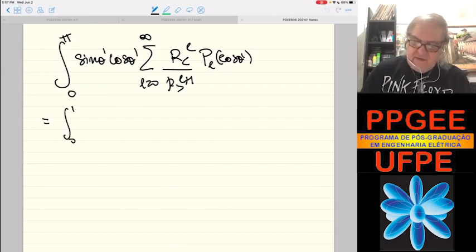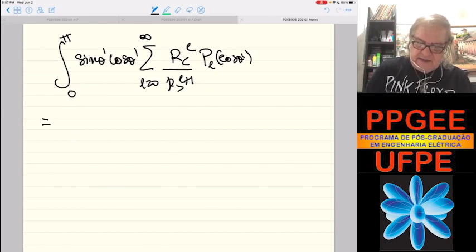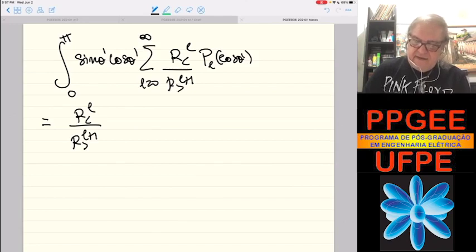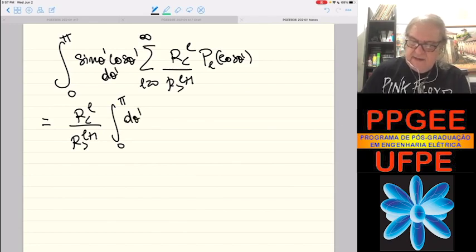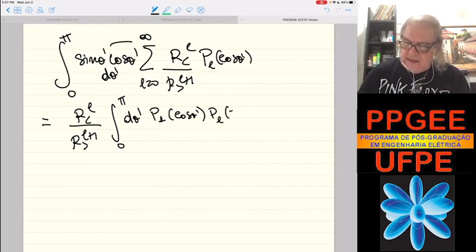Well, I can remove the r smaller and larger, like this. Then I'm going to have integral from 0 to pi. So this is d theta prime here, right? So d theta prime. So we have P1 of cosine theta prime times PL of cosine theta prime sine theta prime.